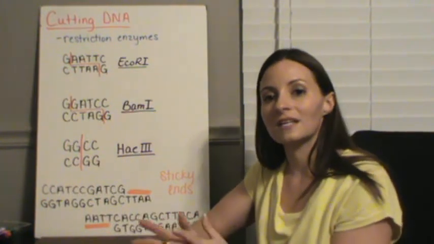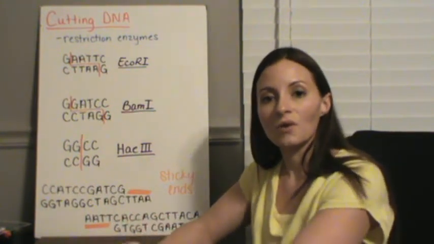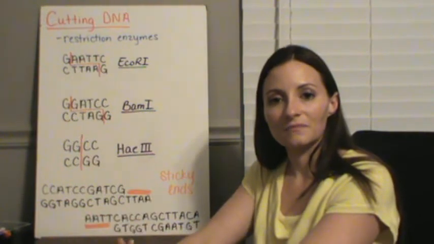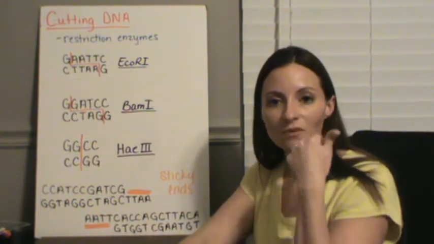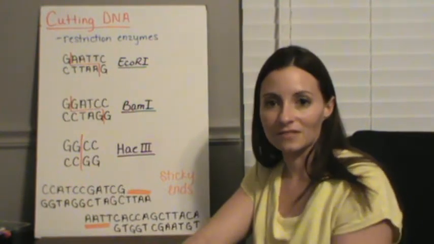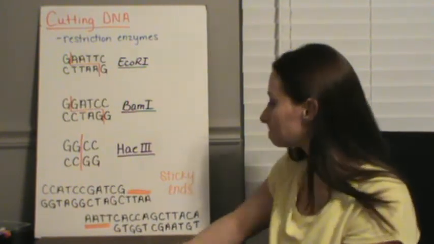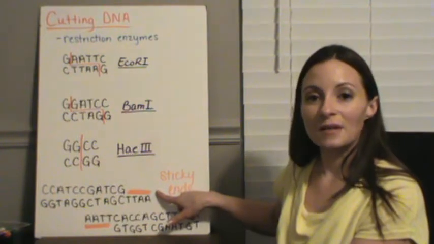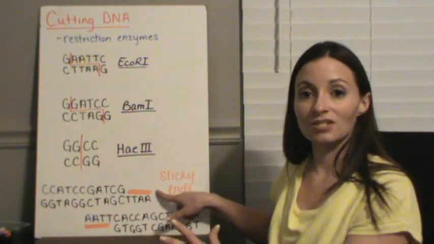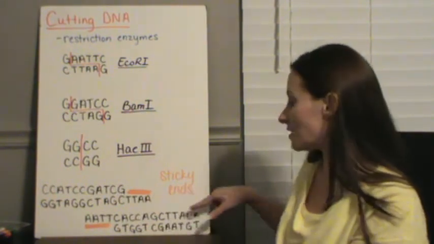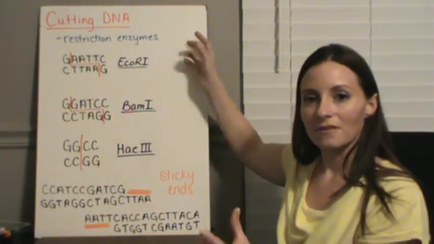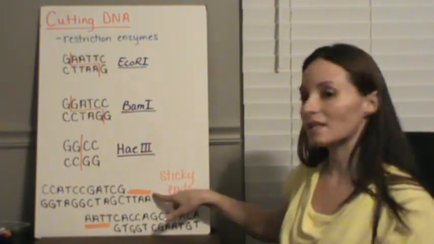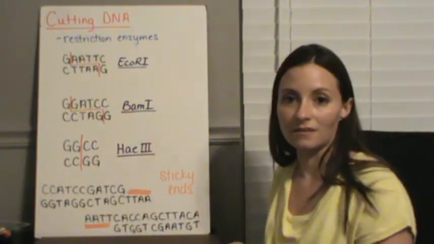For instance, mixing pig DNA with jellyfish DNA, and they're able to get pigs that glow in the dark with their noses and their hooves. Check it out online. They do that because they can cut the jellyfish DNA and the pig DNA with the exact same restriction enzyme.